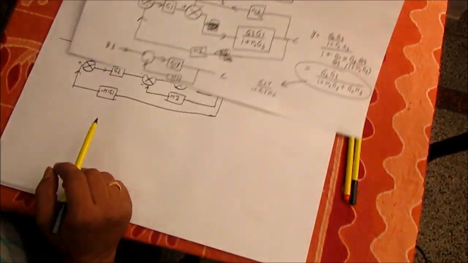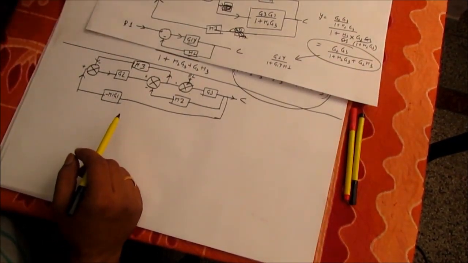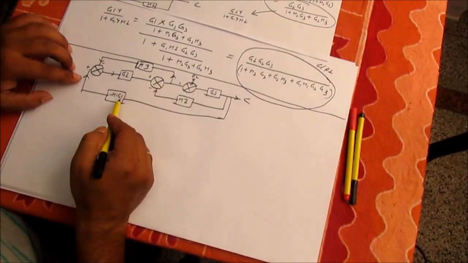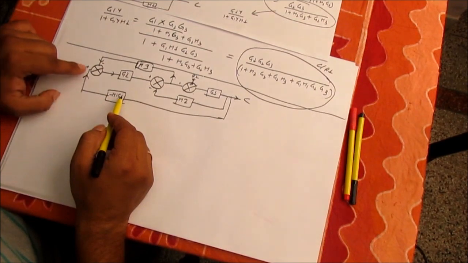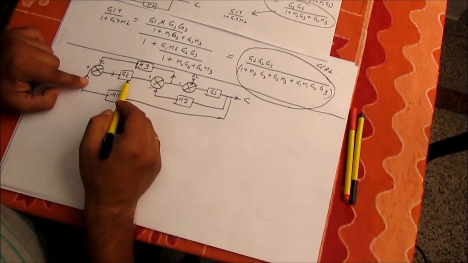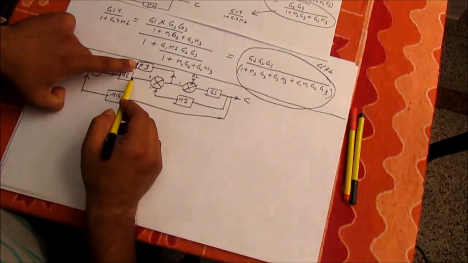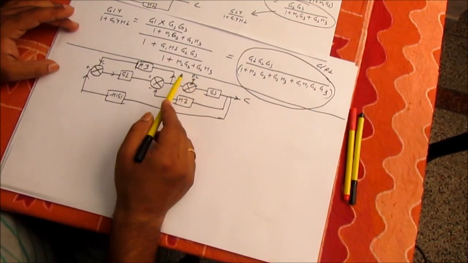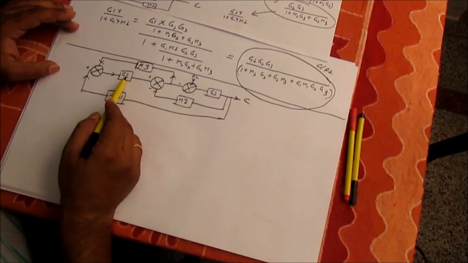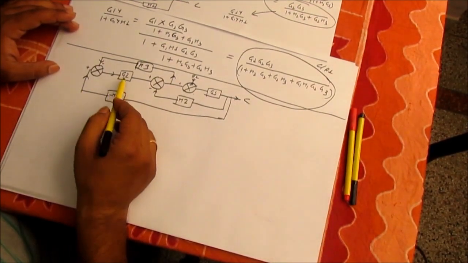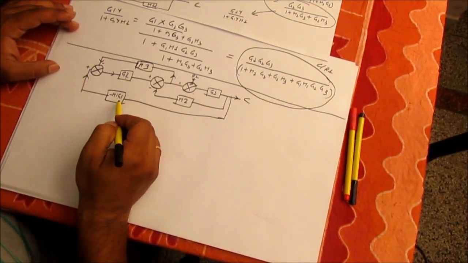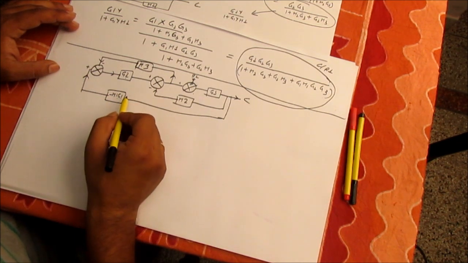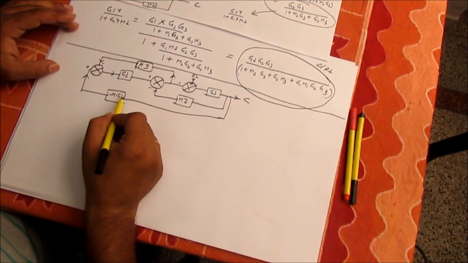So let's do it. Here we have this slide. So it comes to be minus H1 G1 here. Here we have G2, here we have S3, and here we have R2. This one is our input. So we are placing this G2 here and multiplying it with this unit. So I can make this point minus H1 G1 G2.